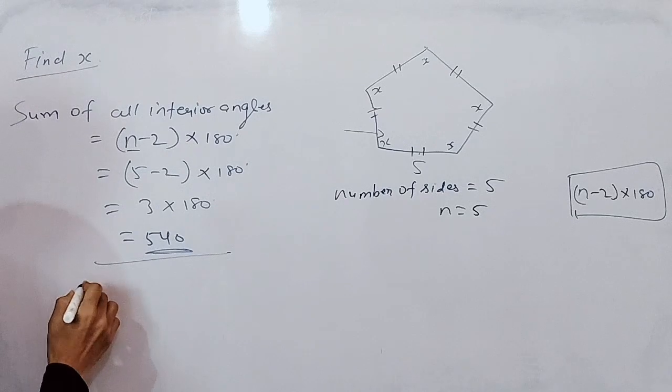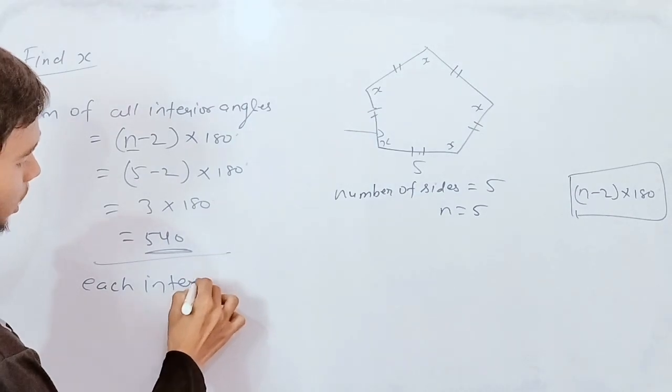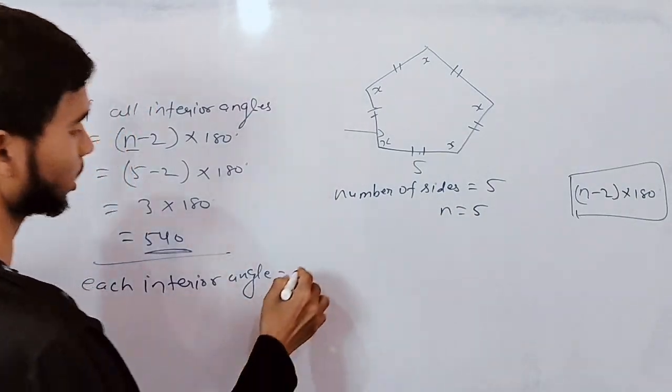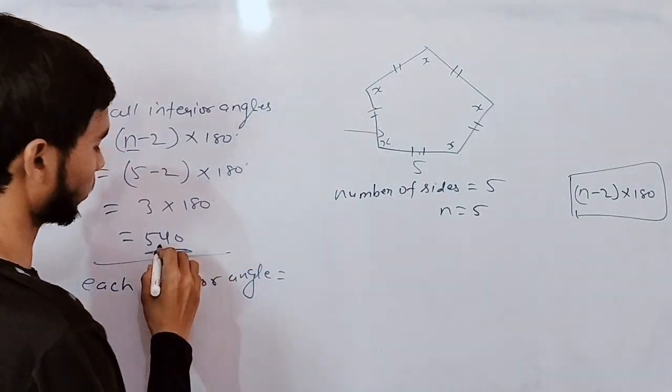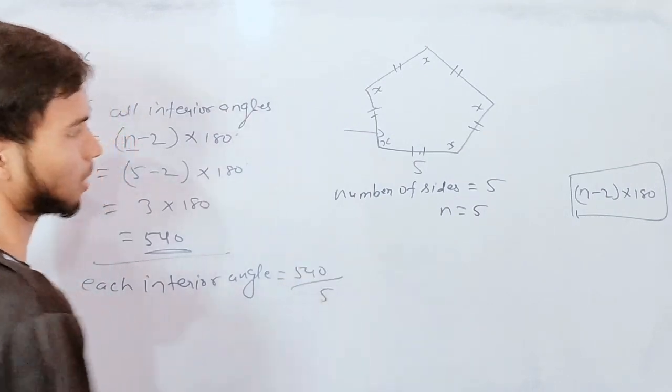So to find each interior angle, just divide whatever you got, 540, by the number of sides.